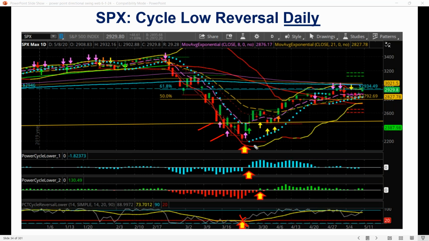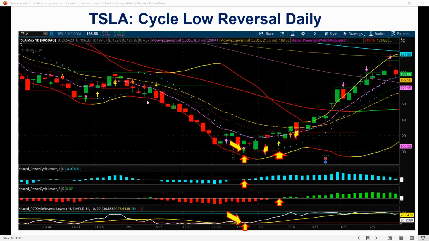But then what confirms that this thing is starting to go bear to bull is my momentum. So here's cycle one, fast, right there, that green arrow. And then cycle two is right there. So this starts to confirm that momentum is starting to stick. And then we get the reversal.